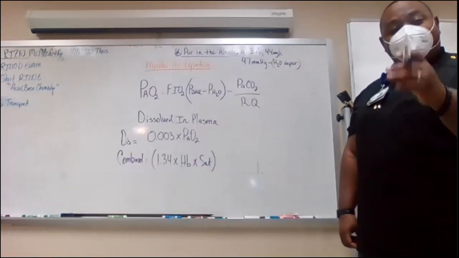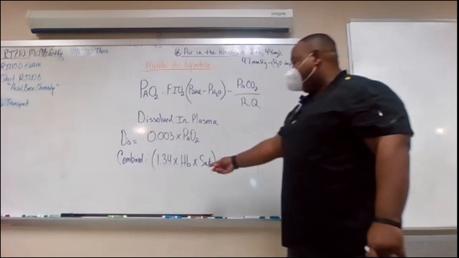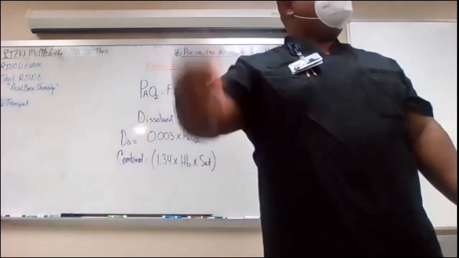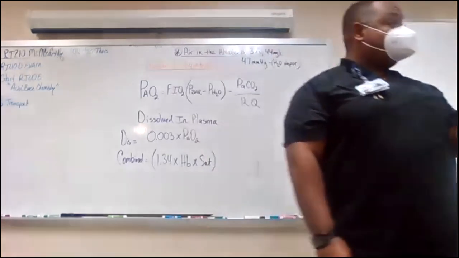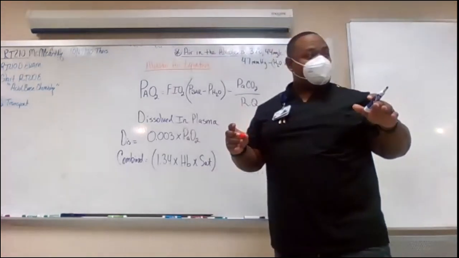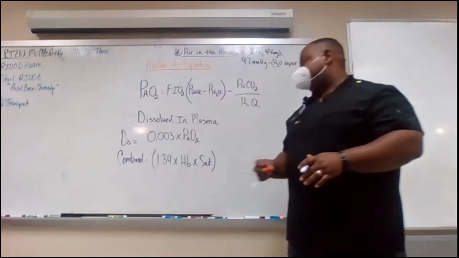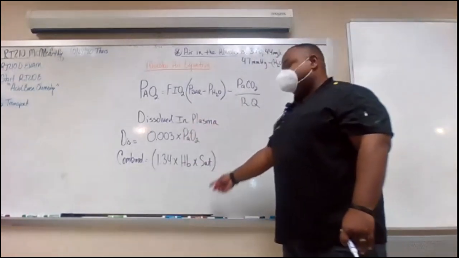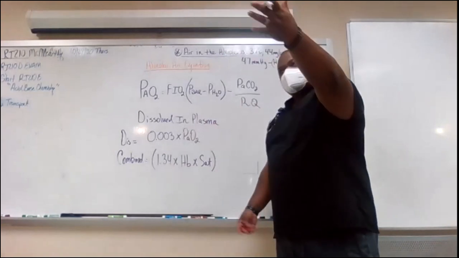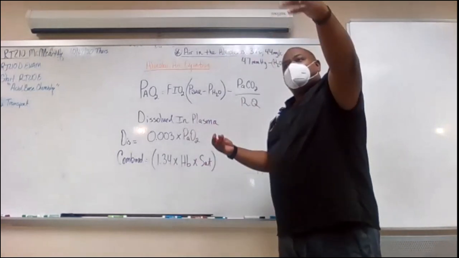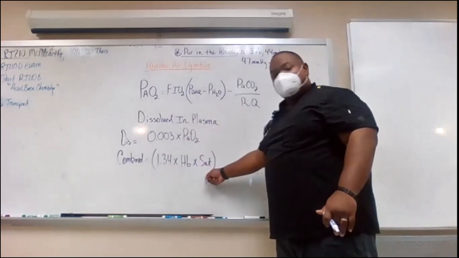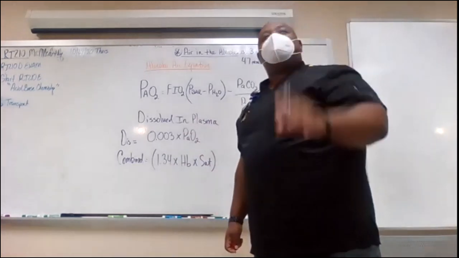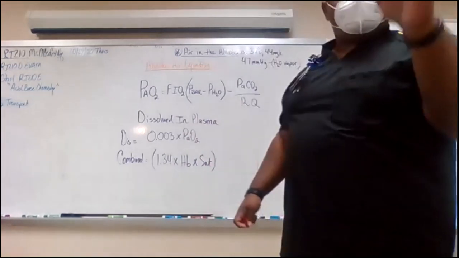Now, you're going to have to get the hemoglobin from a CBC, right? When they draw the CBC, it's going to say what the hemoglobin is. Remember, we said the normal hemoglobin is what? What's the range for hemoglobin? 12 to 15 grams. So whatever it is, you put it there. Their SAT is what you see on the wall. They sat 95%, they sat 100%, or they sat 80%, whatever it is. You put that there for the SAT, but it must be as a decimal. So if they're satting 95%, then when you put the formula, it's 0.95.